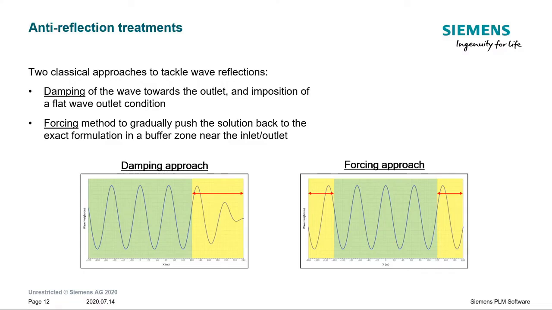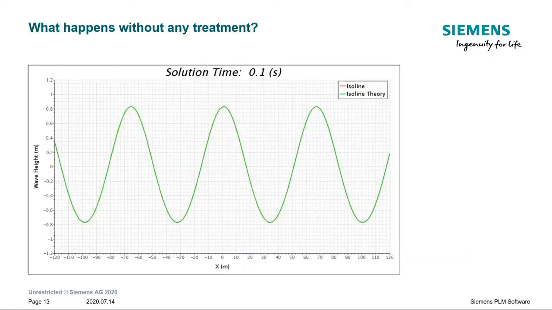Two classical approaches reported here are implemented in Star-CCM+ to tackle this problem: the damping approach and the forcing approach. In the upcoming slides, I will try to explain to you how these approaches work.